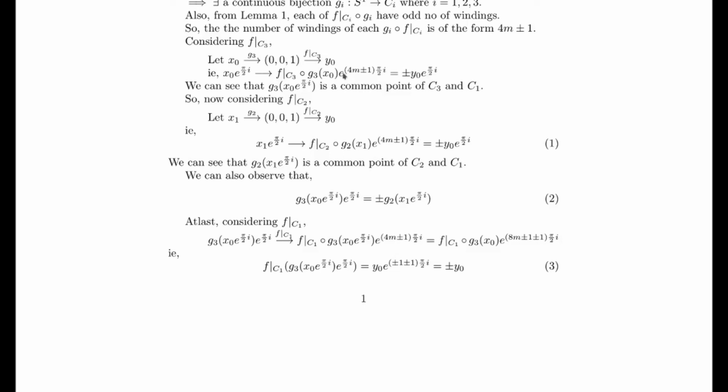This is y0, obviously. So this makes us y0 e raised to 8m plus or minus 1, then again plus or minus 1 pi by 2. The 8m is cancelled because it becomes e raised to 4m pi i. So all that is left is the two plus or minus 1s. So that makes plus or minus y0.